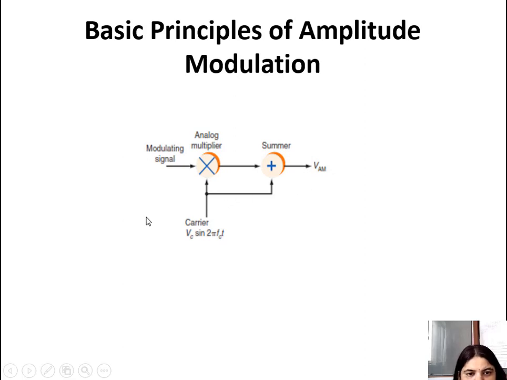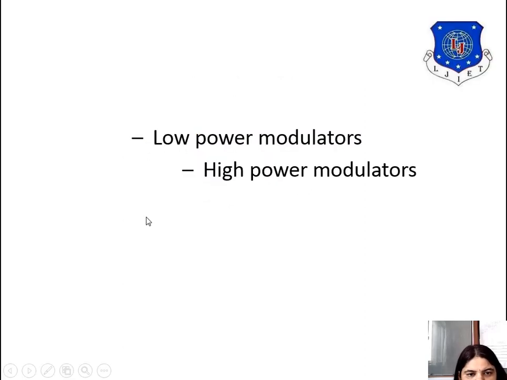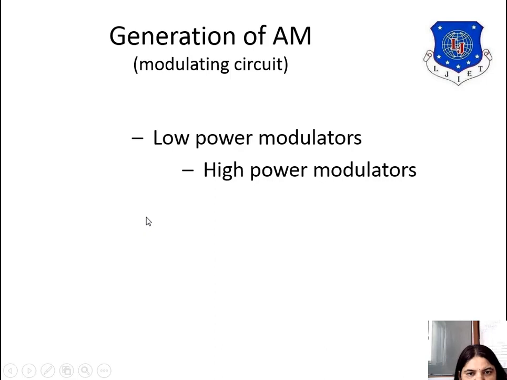Now the circuitry that we need to learn: the generation of the AM modulating circuit is of two types, low power modulator and high power modulator. According to the power level, it is divided into two parts. The low power level modulator works on low power and the high power modulator works on high power.